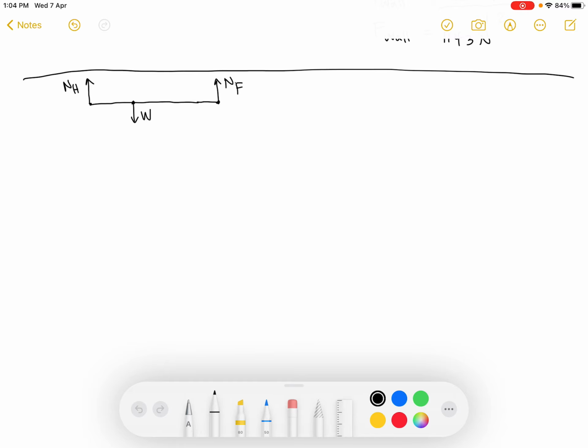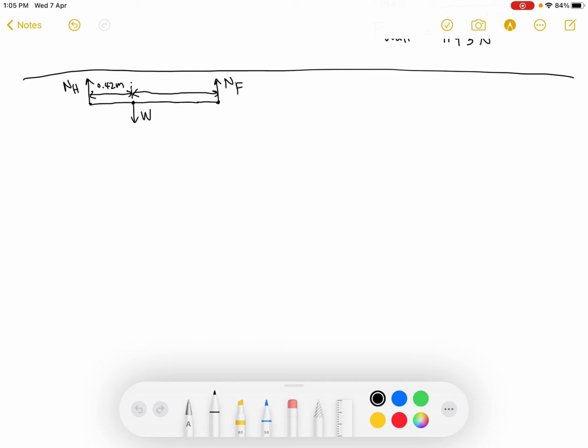We are given the following distances. The distance between the hand and the center of mass is 42 centimeters or 0.42 meters, and the distance between the feet and the center of mass is 95 centimeters or 0.95 meters.